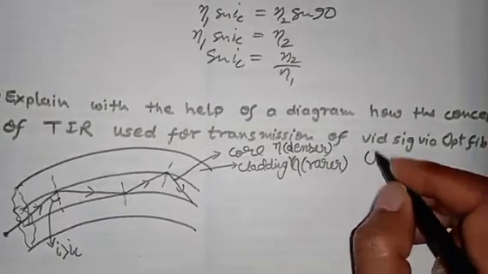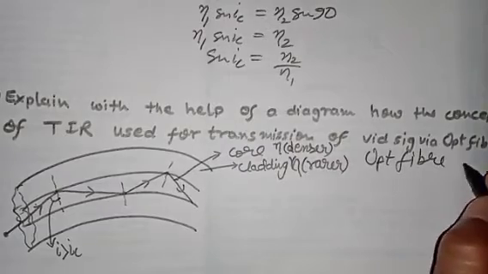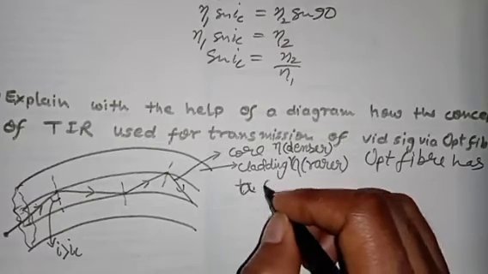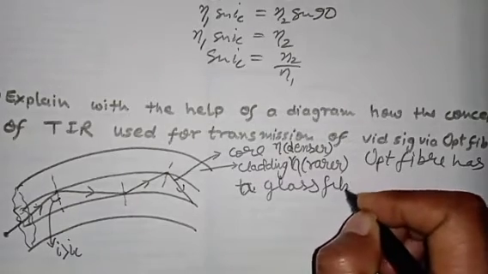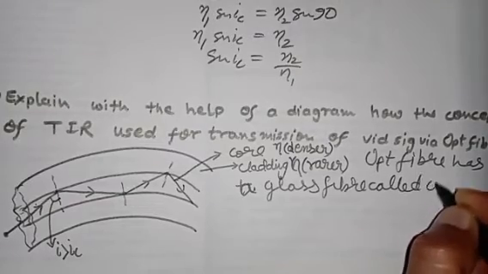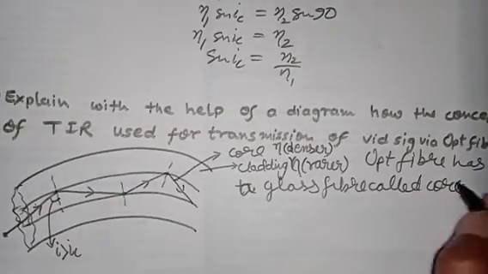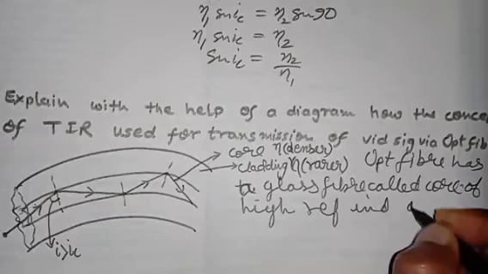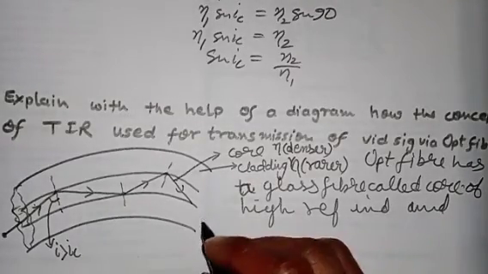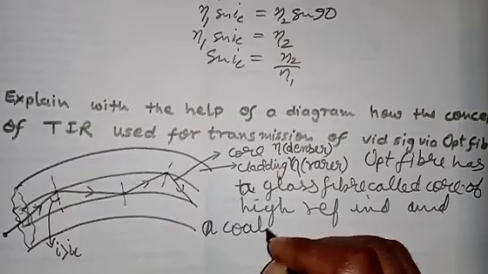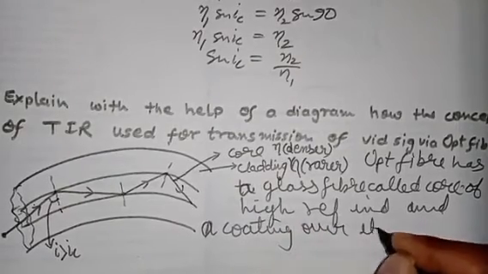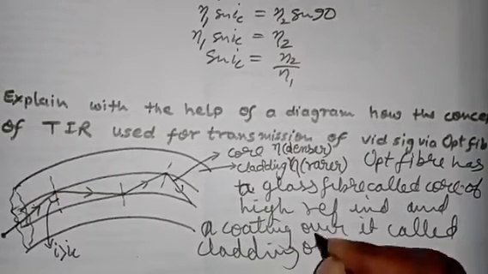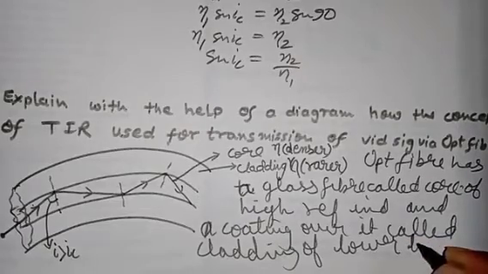So optical fiber has two layers, a glass fiber called core of high refractive index, and a coating over it called cladding of lower refractive index.